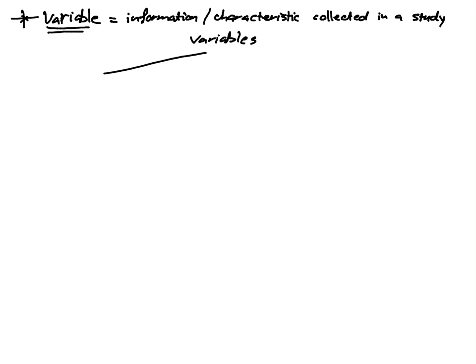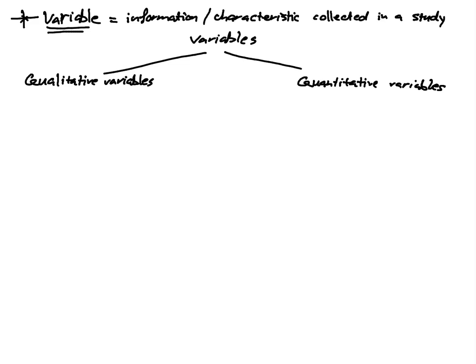You have qualitative variables, and then you have quantitative variables. Right? So qualitative variables are things that are expressed using words or phrases.